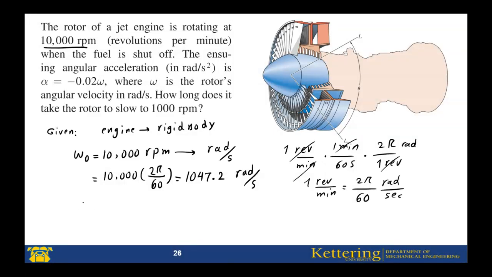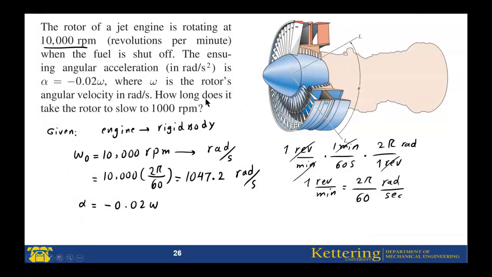Now, alpha z is related using this equation. For example, I can substitute the initial speed omega into this one to find the angular acceleration.